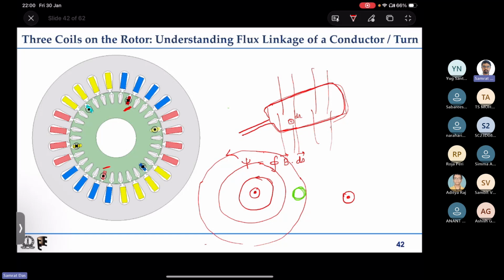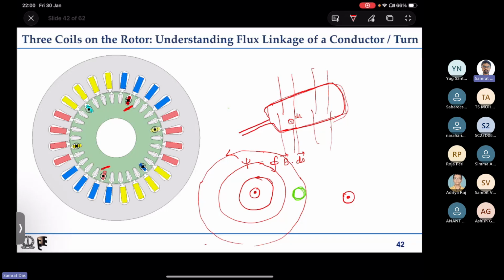This only indicates the direction of the winding, not any current. If the current is positive, then it will be cross here and dot here. That is the meaning of putting cross and dot here.